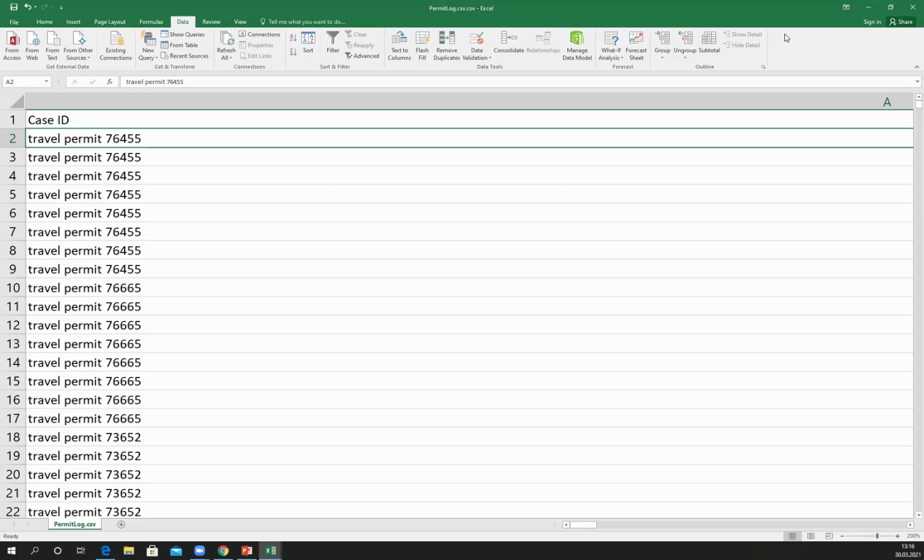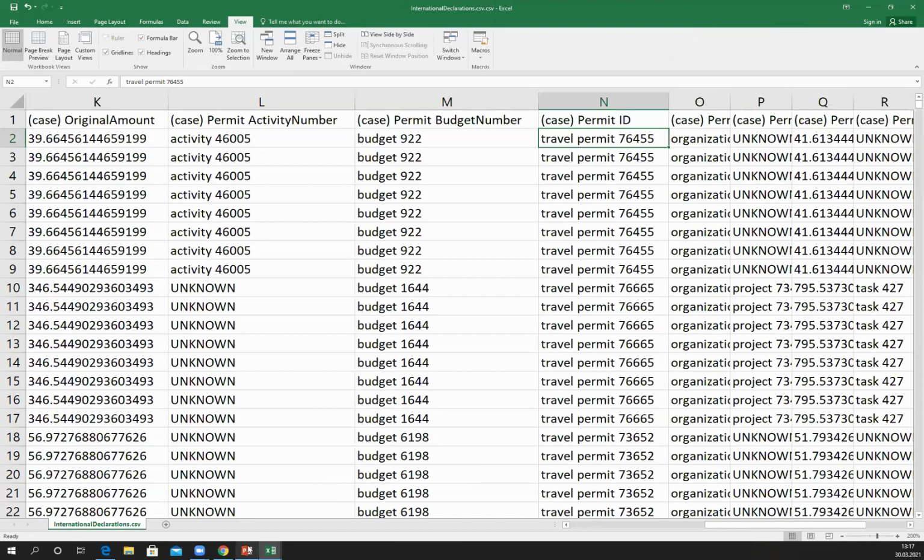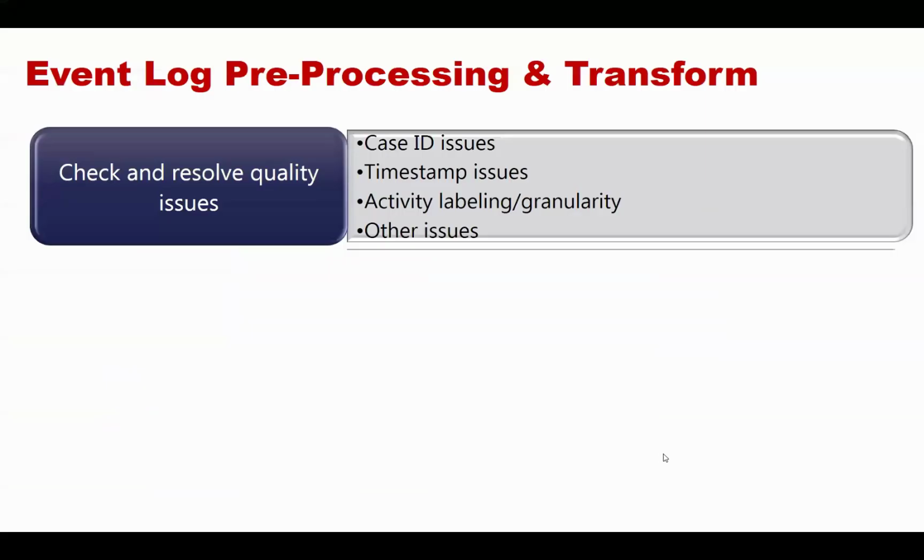So once you have extracted the data, you still have to do a lot of joining to get the end-to-end view, and then deal with a number of the typical data quality issues. In the field of process mining, there are a number of data quality issues.